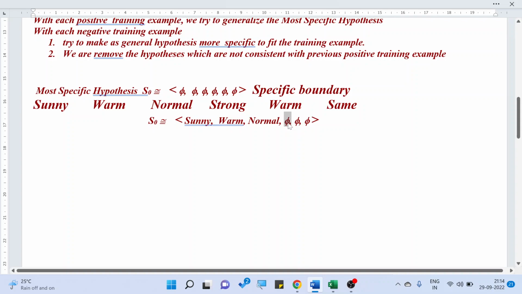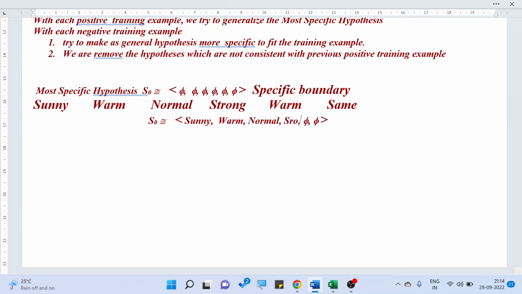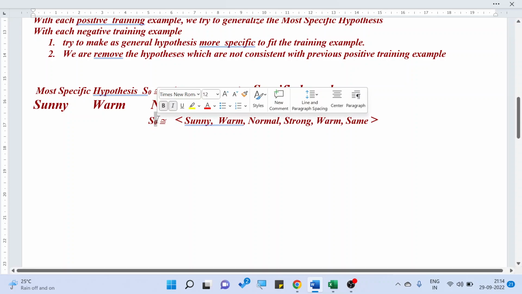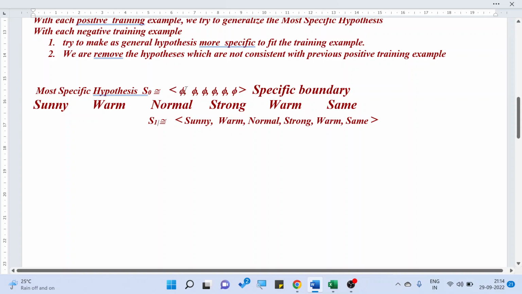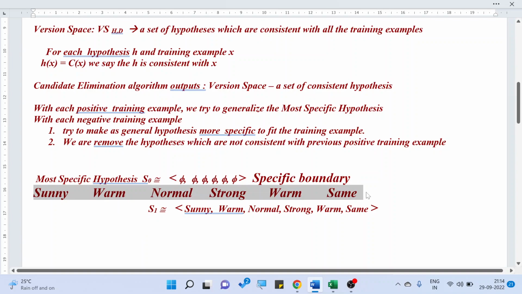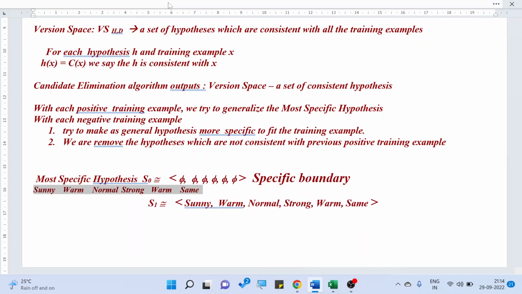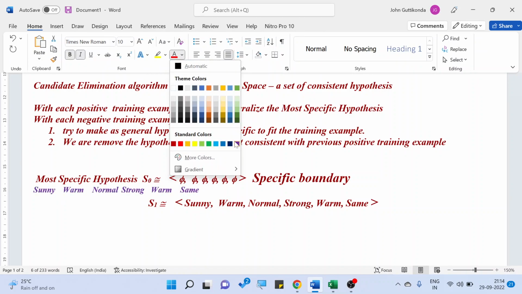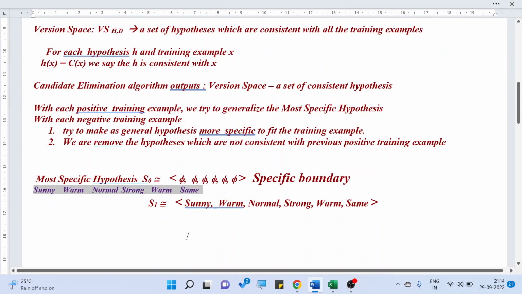So what we are doing, we are trying to modify the most specific boundary in order to fit the positive example 1. So this is our S1. What we have done, we started with most specific and we tried to adjust it, modify the S naught with the first training example. That is the first training example.